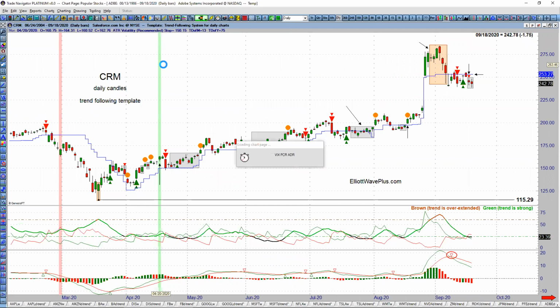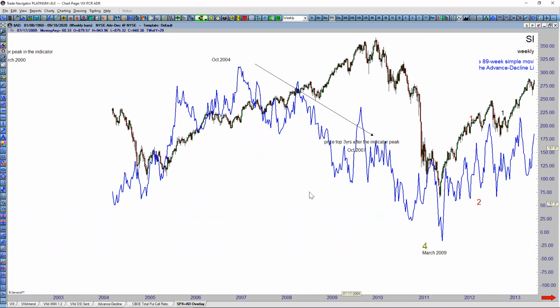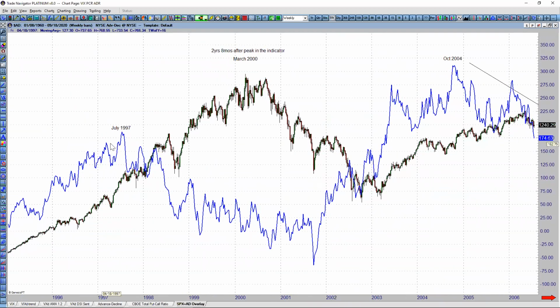Now to cover a few VIX items. I think this chart has turned interesting again. This is the 89-week simple moving average of the advance-decline line. You go back in history, and this indicator topped in July of 1987, about 2 years and 8 months prior to the Y2K top in March of 2000.